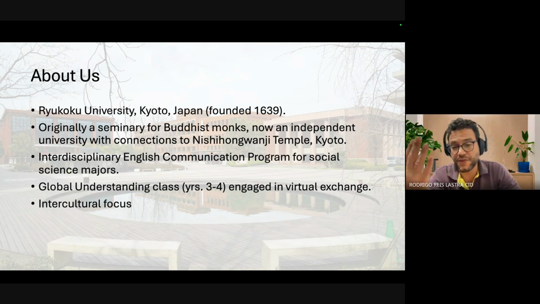And this is Professor Sean White from Ryokoku University, and also Professor Rafael Martins from UNIMAX from São Paulo. He works with ethics, and Professor Sean works with language. So it will be very good for us to learn a little bit about it.